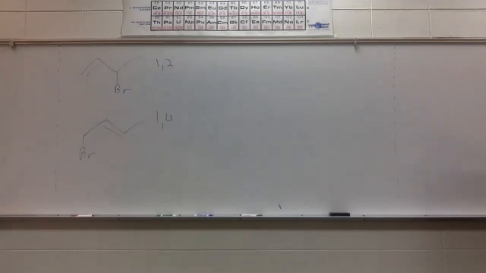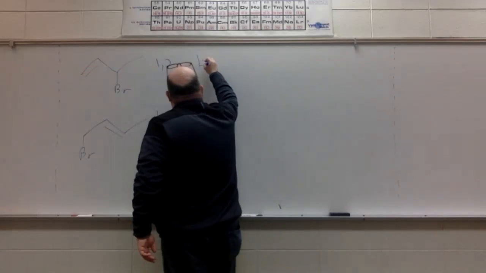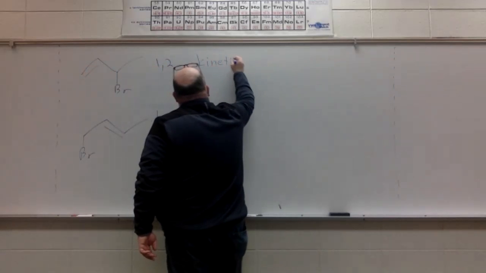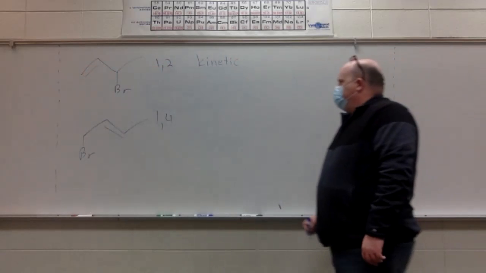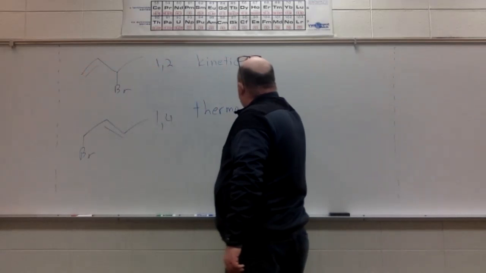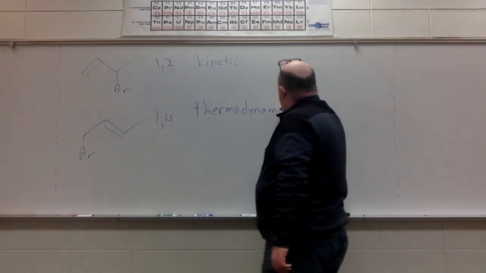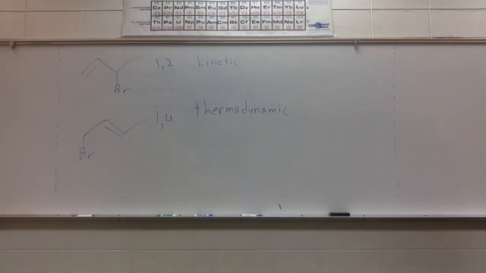So we know we can call these 1,2 and 1,4 products respectively. However, there's a couple of other terms we can use as well. The 1,2 product is also referred to as the kinetic product. The 1,4 product is often referred to as the thermodynamic product.